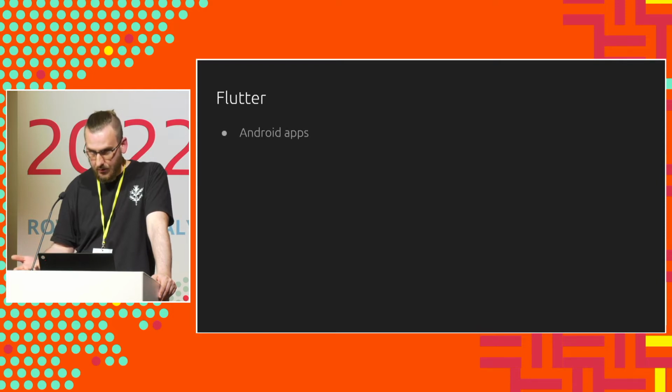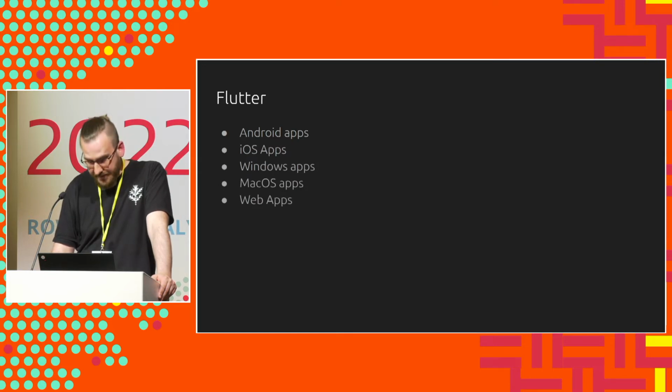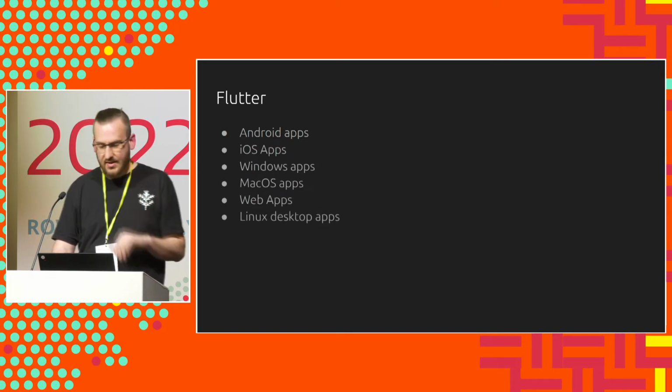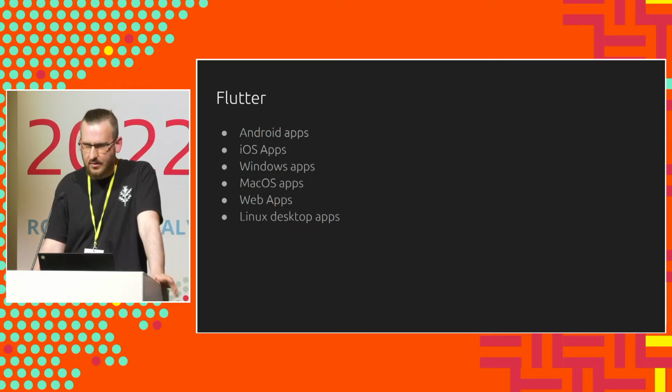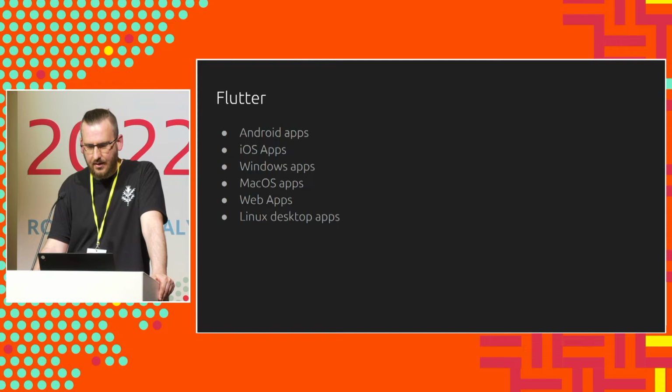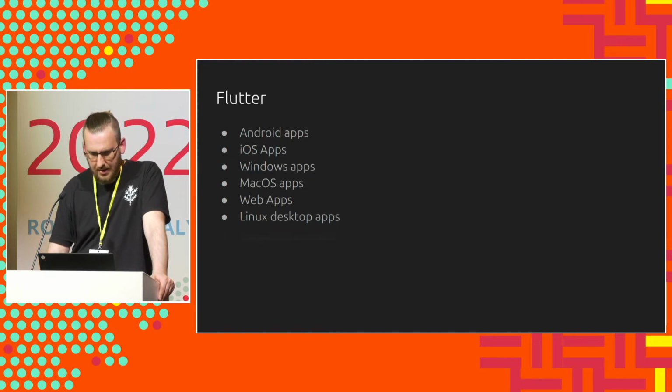But you can create Android apps with it, and iOS apps, Windows apps, macOS apps, web apps, and Linux desktop apps. And you can even create embedded Linux apps. I think Toyota is working on something there, but it's currently, I think, in development.